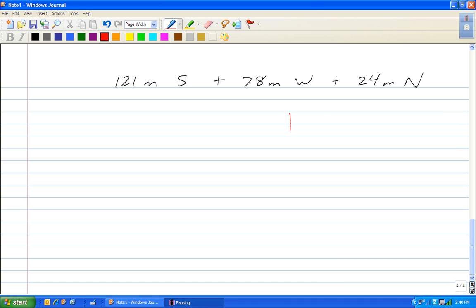So, if I take the 121 south, and then I go 78 west. That's right. Good catch. And then north 24. There's the resultant, right? From where I started to where I finished. That's the guy we're after.